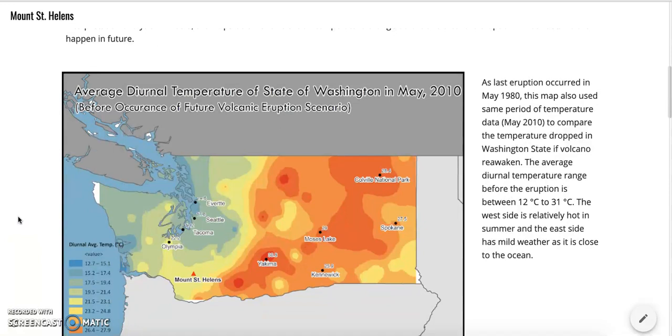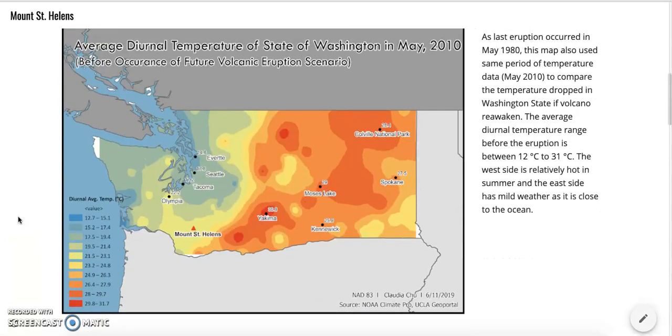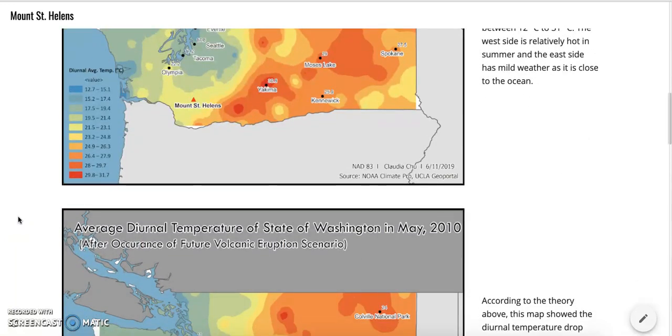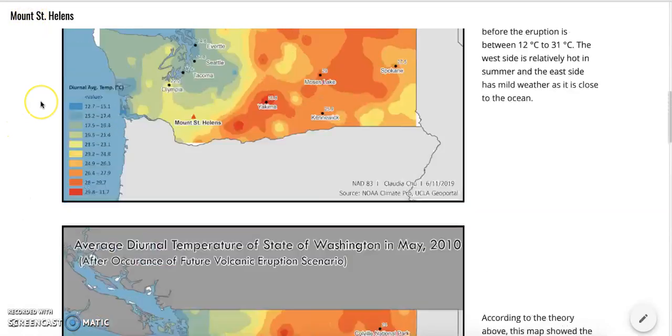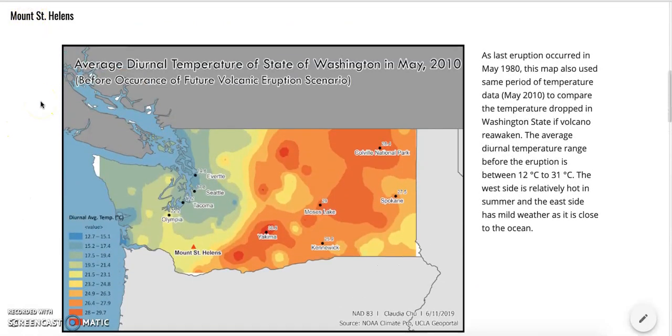Next, I have provided two IDW maps to compare the air temperature differences before and after a future eruption. The reason I chose to compare the temperature difference is that a study said the air temperature of Eastern Washington State dropped about 4 degrees Celsius in the last eruption in the 1980s.